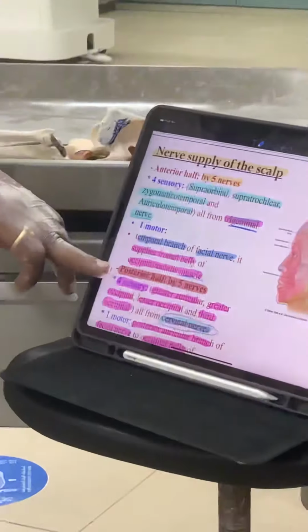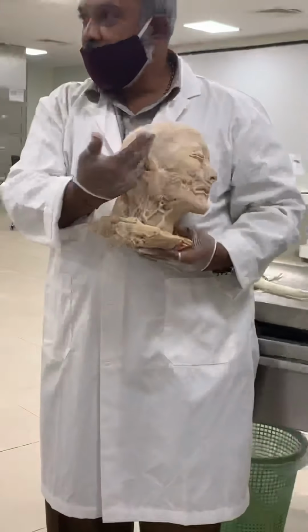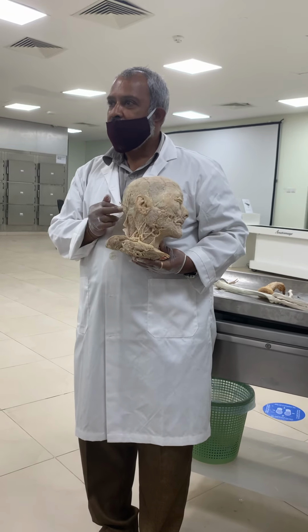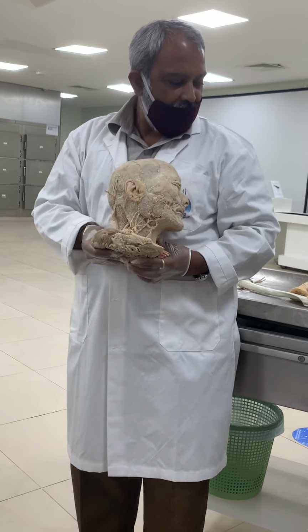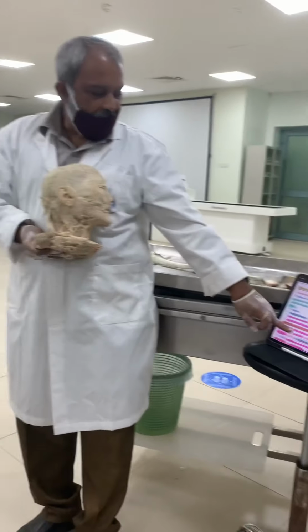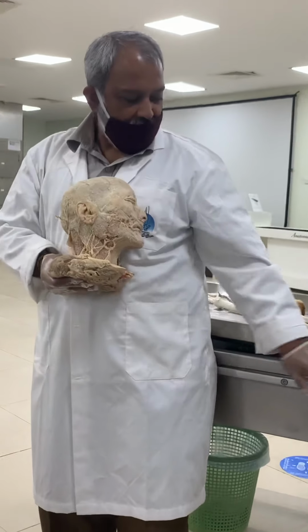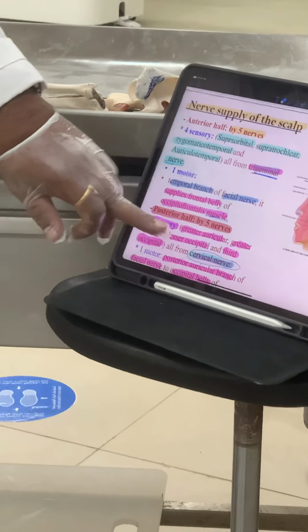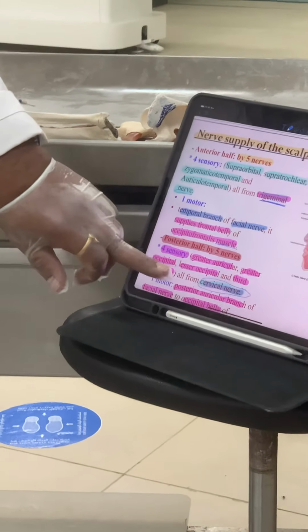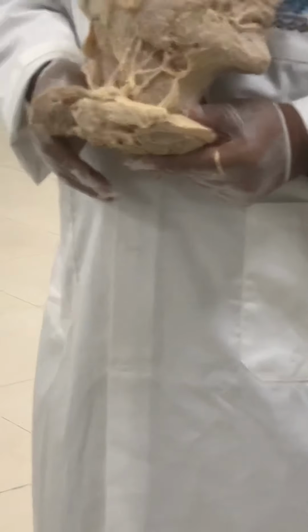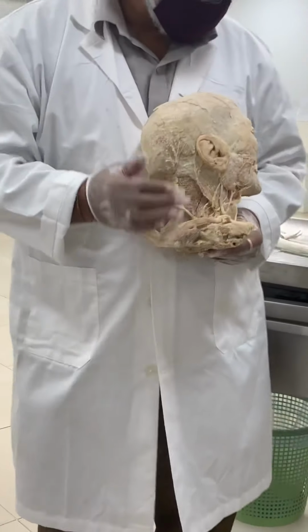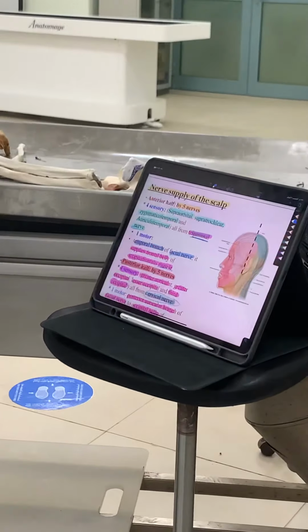Again, the posterior side, the nerve supply behind. One is the occipital, and then greater auricular, lesser occipital, and greater occipital. All these nerves are branches of the cervical nerve.